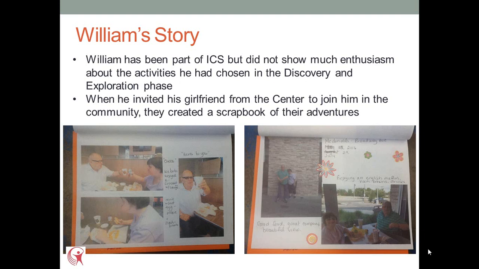However, when he decided to invite his girlfriend along to join him, they started having a great time, going out to get cups of coffee or something to eat. They had such a great time that they wanted to document it and began creating a scrapbook of their adventures. William was really proud of that. And we just want to reiterate that this is an example of somebody making friends, having social connections with people in their community.